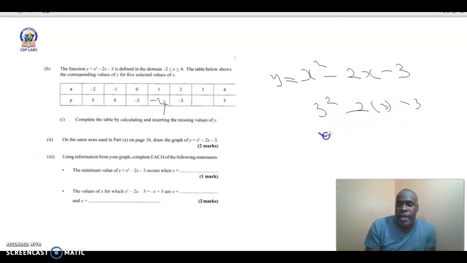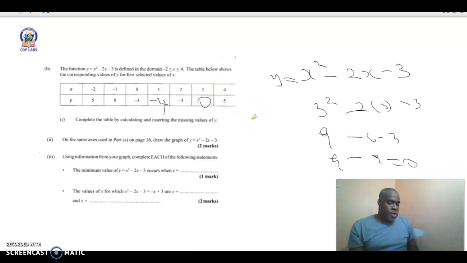We have here 9 minus 6 minus 3. Adding the two negatives, negative 9 from positive 9 equals 0. So here we have our values. When x is 1, y is negative 4. When x is positive 3, y is equal to 0.